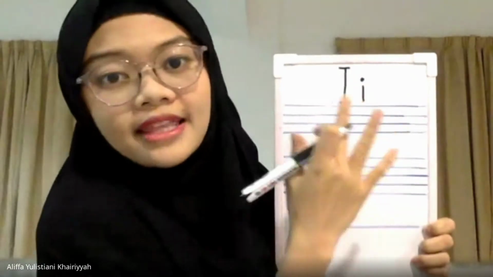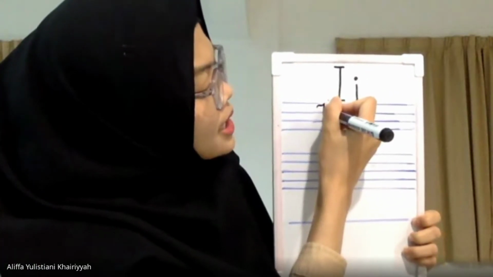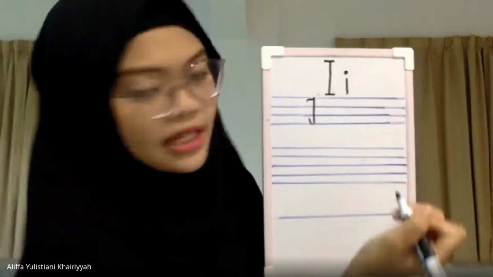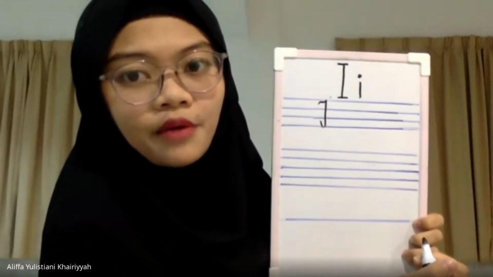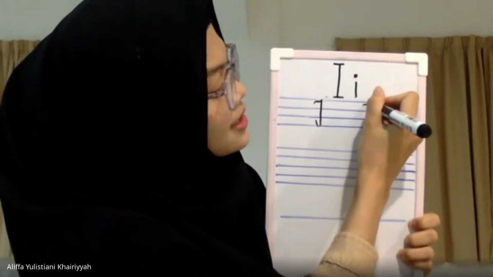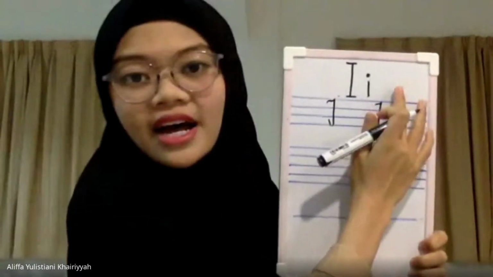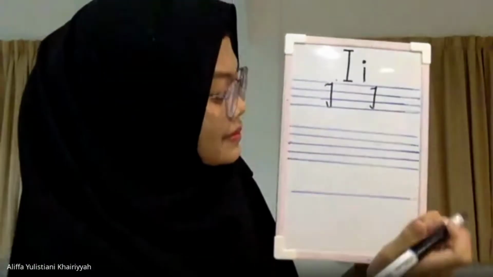I want to write the capital one. Follow my step. 1, 2, 3. Wow, it's amazing, kids. Again. 1, 2, 3. It's very good. And we will write the small letter.